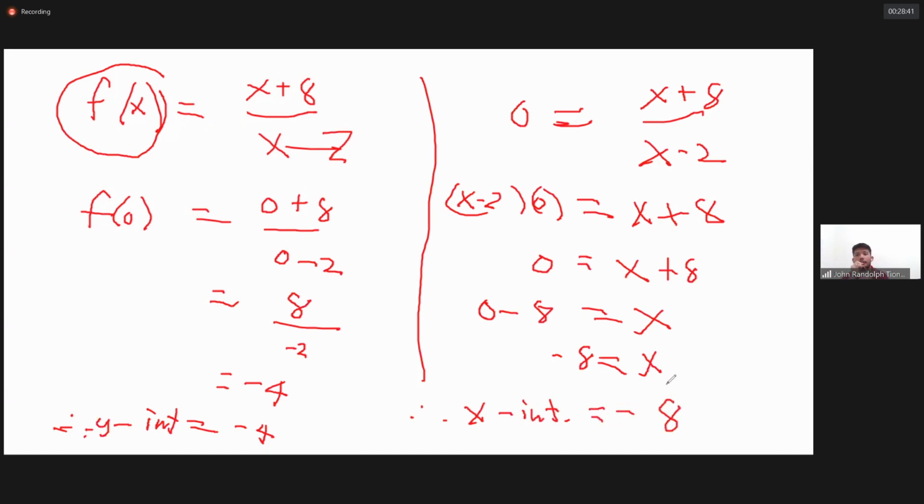Ganun lang kadali. How to find the x-intercept and y-intercept? Again, sa y-intercept, yung 0 ay substitute natin doon sa x. Sa x-intercept naman, yung 0 ay substitute natin doon mismo sa f of x. Nasundan? Naintindihan yung process? Okay.